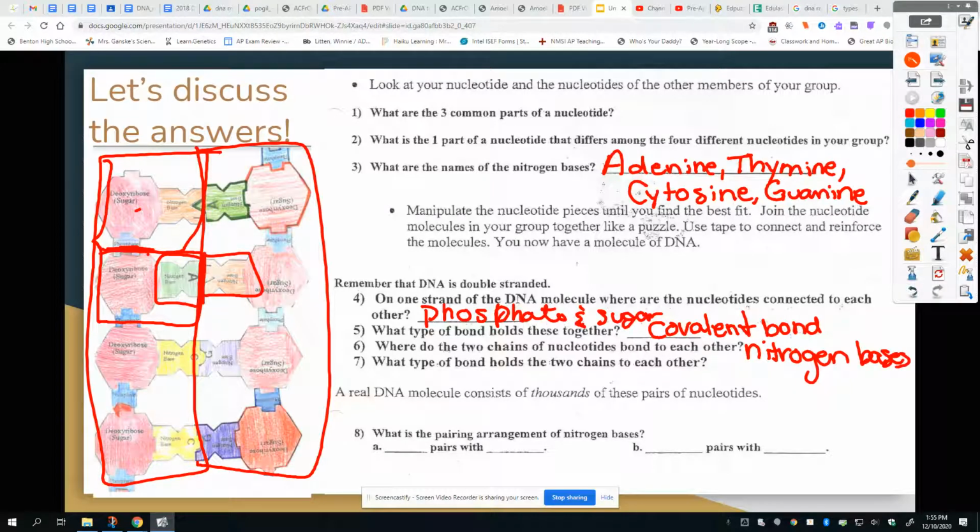And the weakest bond we talked about was a hydrogen bond. And those hydrogen bonds are weak, so that tells us that these two strands, this strand and that strand, could very easily separate from each other, whereas the bonds between the phosphates and the sugars are going to stay together and they're not going to come apart.